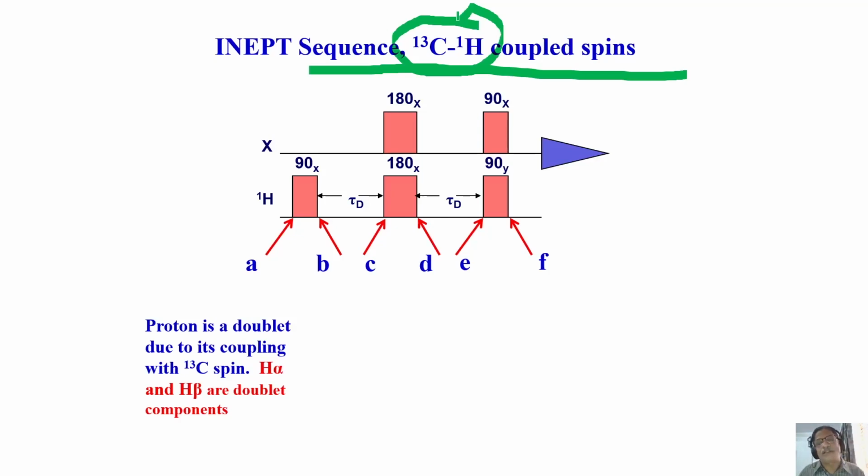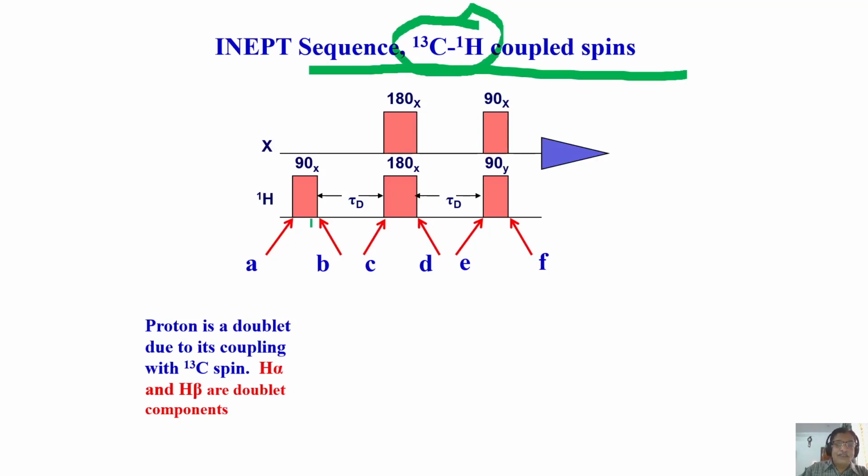You can incorporate that sequence in most two-dimensional and three-dimensional experiments. This INEPT sequence is always utilized. Let us understand how the magnetization behaves in different parts of the pulse sequence here.